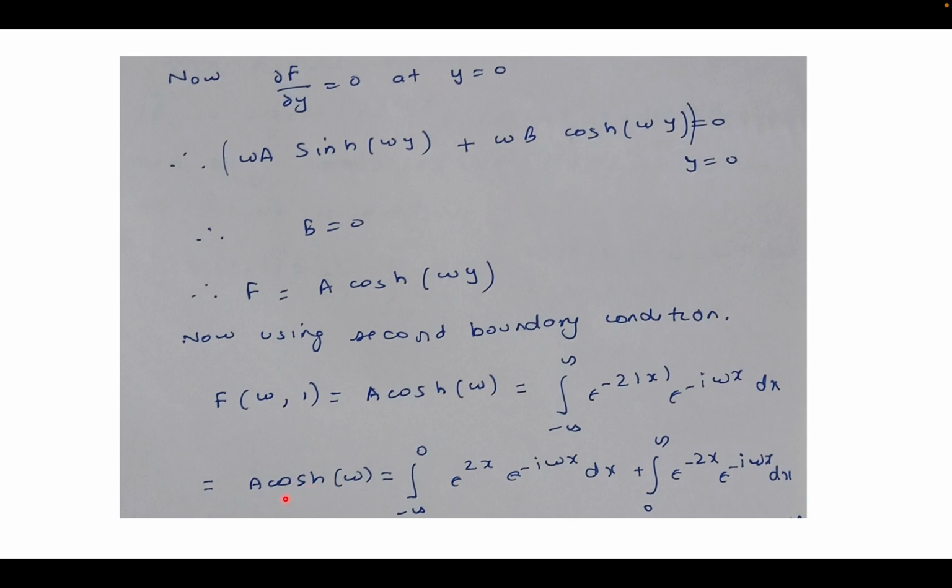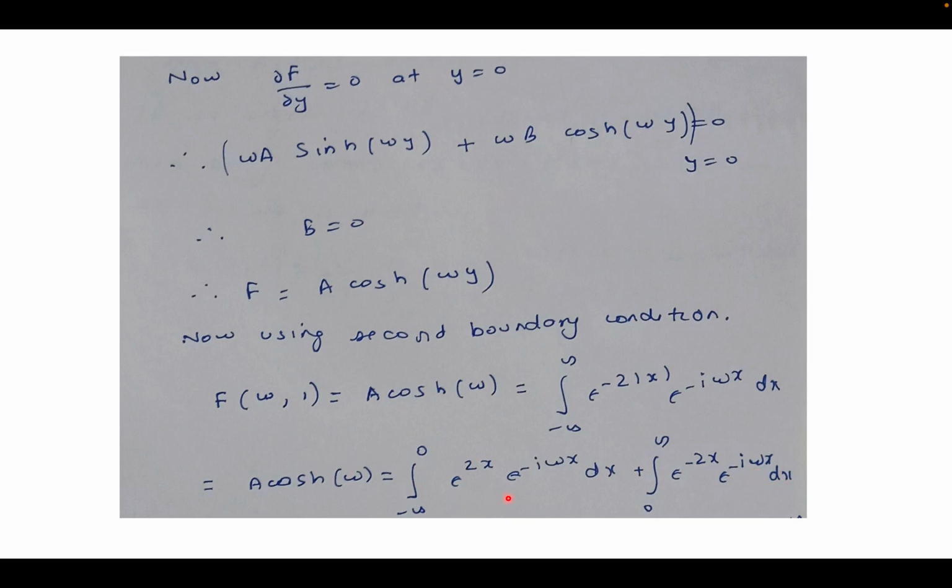So a cosh(ω) is equal to this, and as there is a mod here, you need to break it into two parts. From minus infinity to 0, the mod will be negative, so you will have e^(2x) times e^(-iωx) dx, and from 0 to infinity the mod will be positive, so you will have e^(-2x) times e^(-iωx) dx, right?